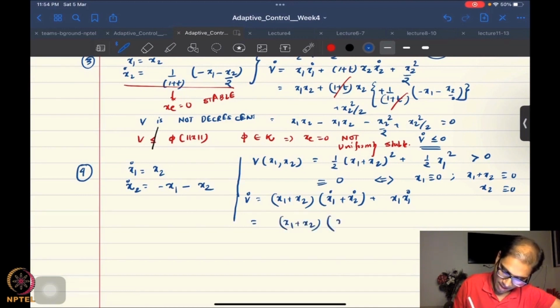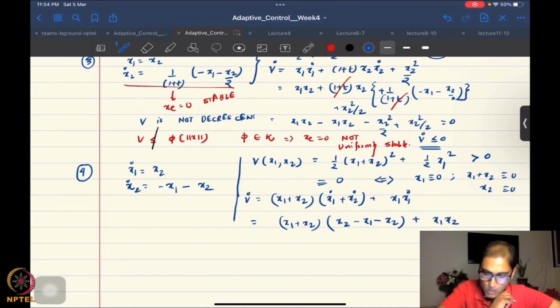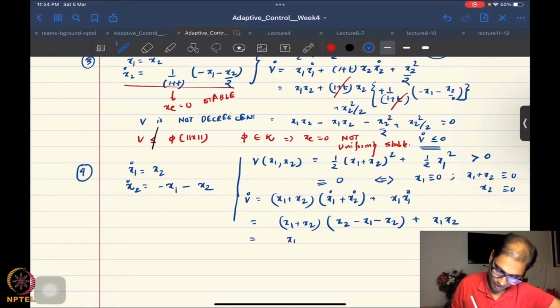Here x1 dot is x2 and x2 dot is minus x1 minus x2 plus x1 x2. So this is equal to x1 plus x2 times minus x1.